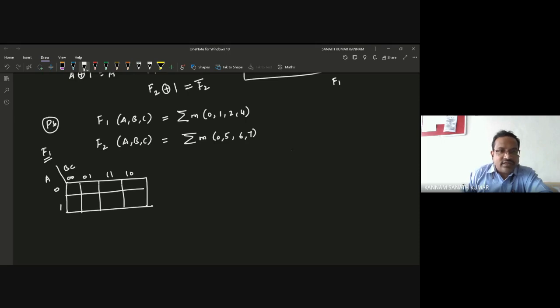If you consider the ones, what are you getting? This is 0, 1. Again, here you have 2, and here you have 4. So this makes one pair, and this makes one pair, and this makes one pair. So F1 of true form, what are you getting?